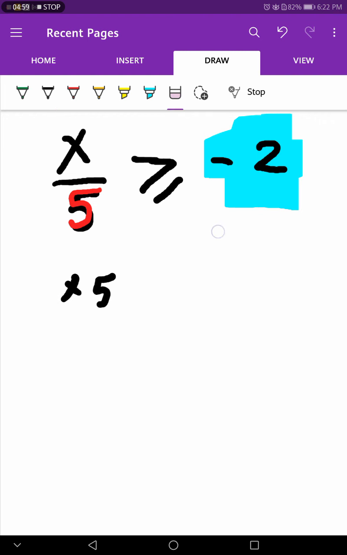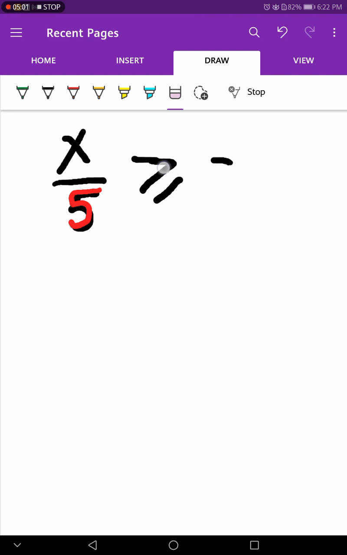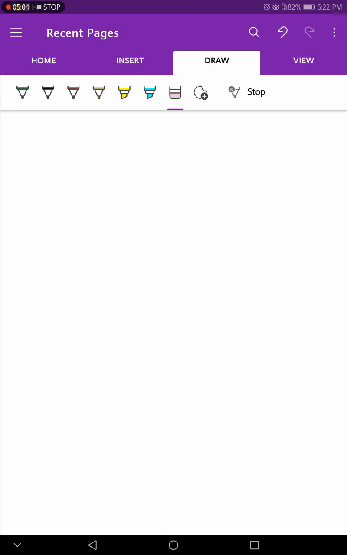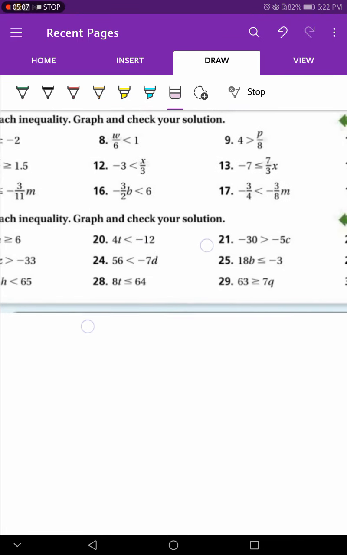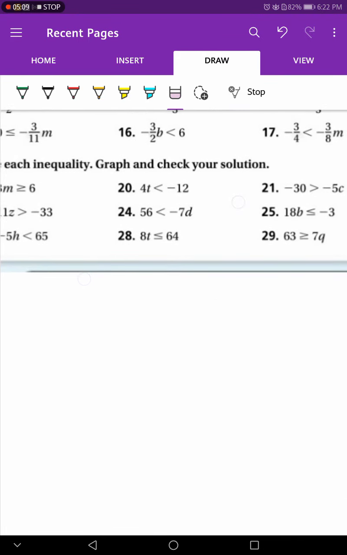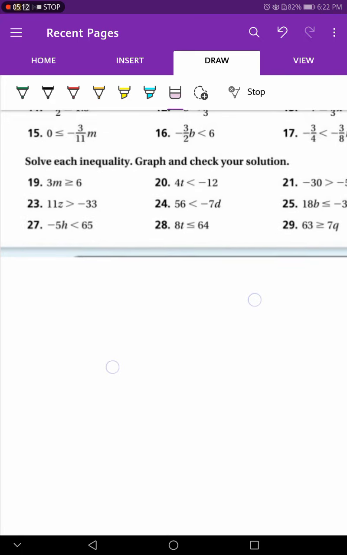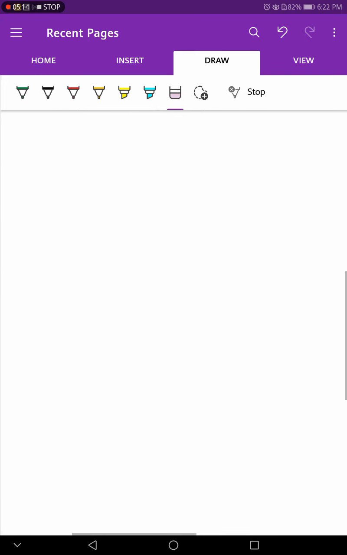Now I will move to the second part of this lesson. What if I have a fraction? Okay, 12. Yes, I will take 12, which is negative 3 less than x over 3.